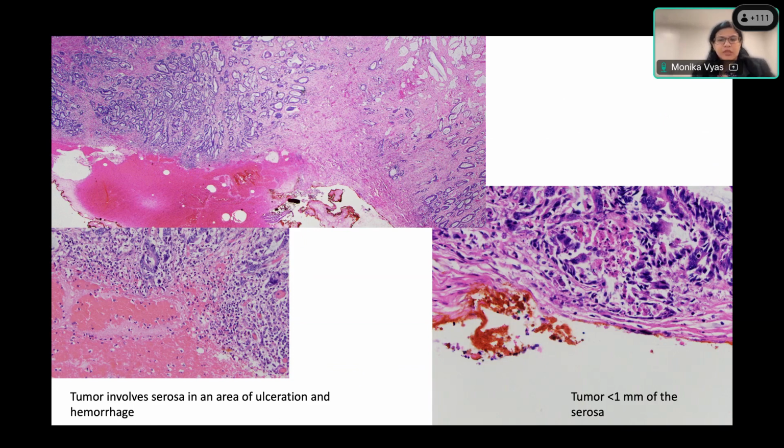Or you could stage it as PT3 and put the same note. So these types of cases will end up on multidisciplinary tumor boards, and we can show these slides to our colleagues, and an adequate management strategy can be devised for these patients.